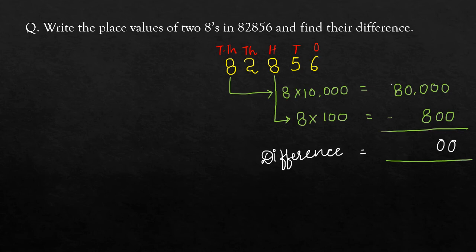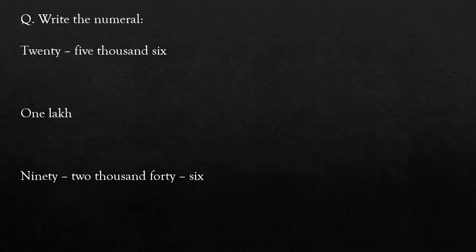So borrow from this 8. Here 7 will be left, 9 will be left here, and here we will get 10. So 10 minus 8, 2. Then we have 9 and 7. So difference is 79,200.